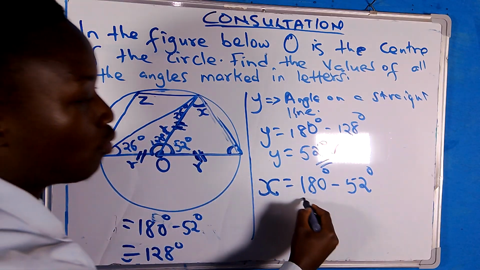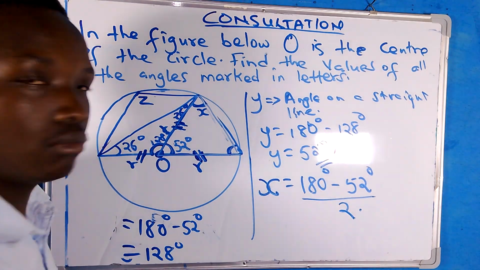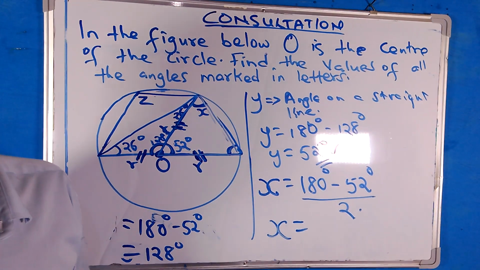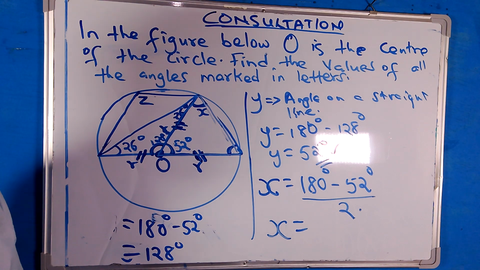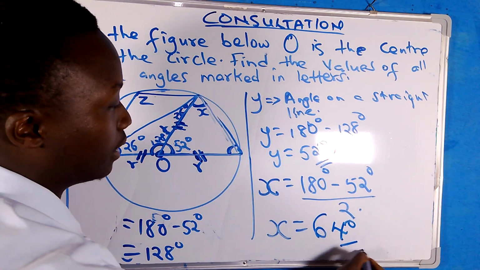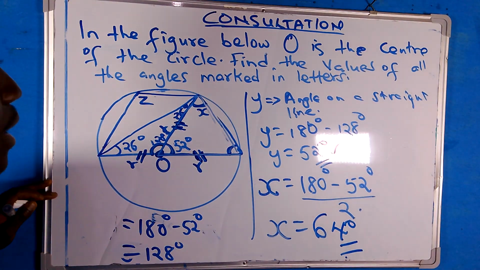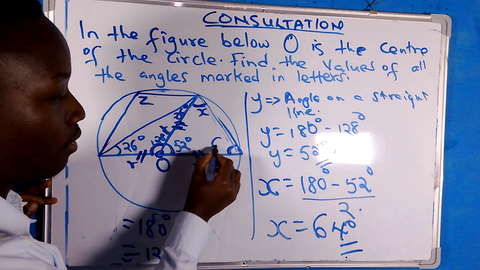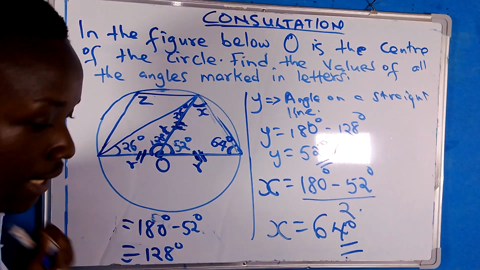Since they are equal, we divide by 2. So x is 180 minus 52, divided by 2, which gives us 64 degrees. So this x here is 64 degrees, and this angle here is also 64 degrees.